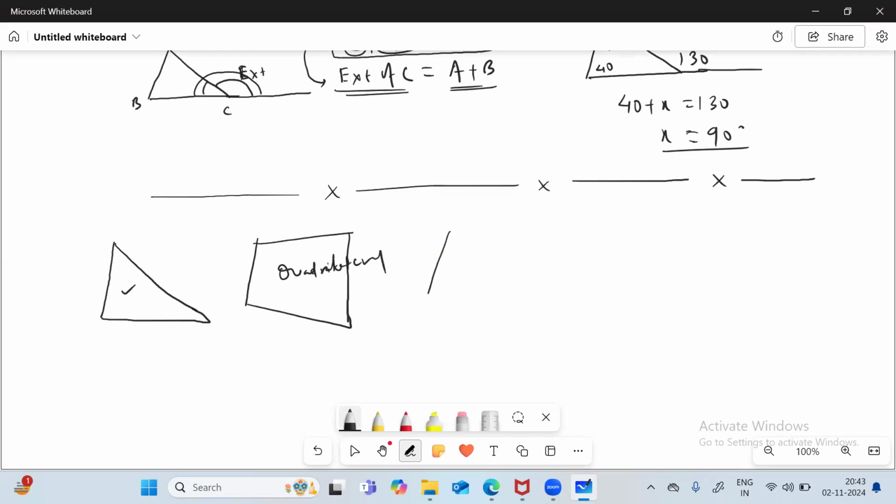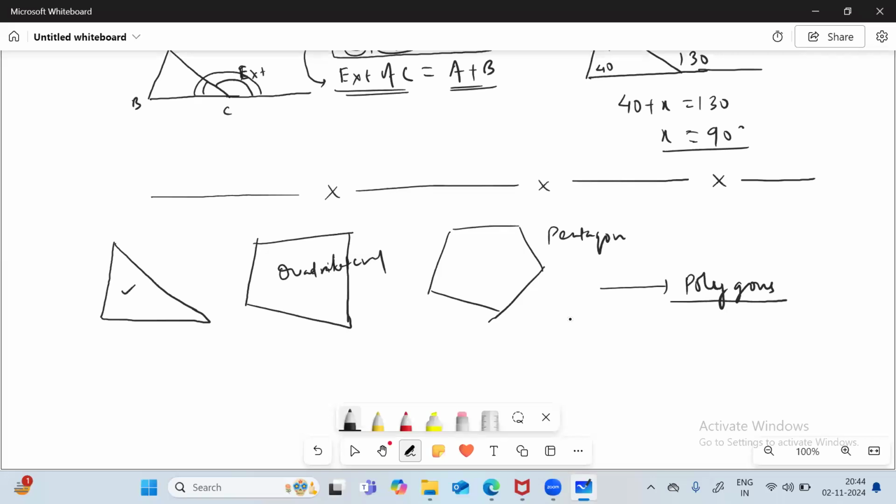And if we have five different lines interacting at five different points, we'll get a pentagon. So this is how we get different polygons with different numbers of sides. So all these are called polygons.